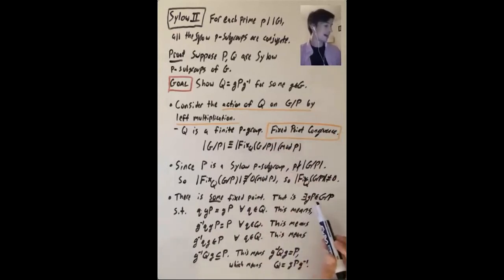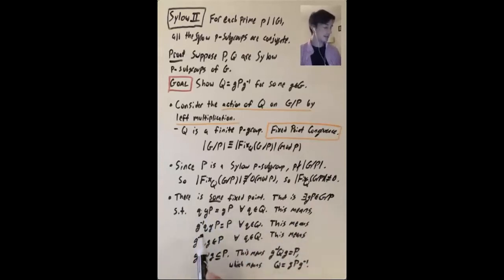There is some left coset of our subgroup P in G that we can write as the left coset gP containing some element little g. It's a fixed point, so q acting on this coset gP is gP for all little q in Q. What does that mean? The action is by left multiplication, so the left coset of P containing qg is the left coset of P containing g.